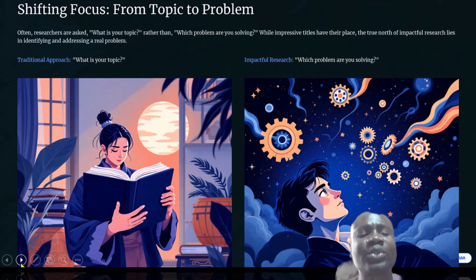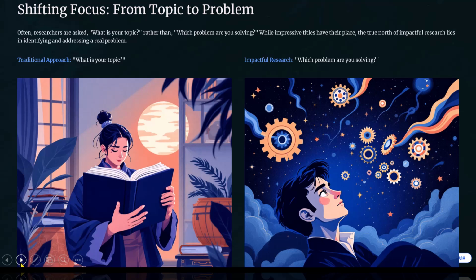But the purpose of this particular narrative is to take your attention away from what is the topic that you are researching upon to what is the problem that you are solving, because most of the research that we carry out is to actually solve a problem.